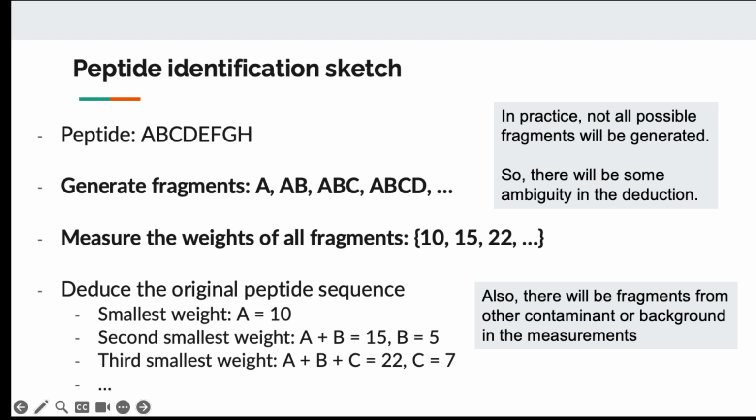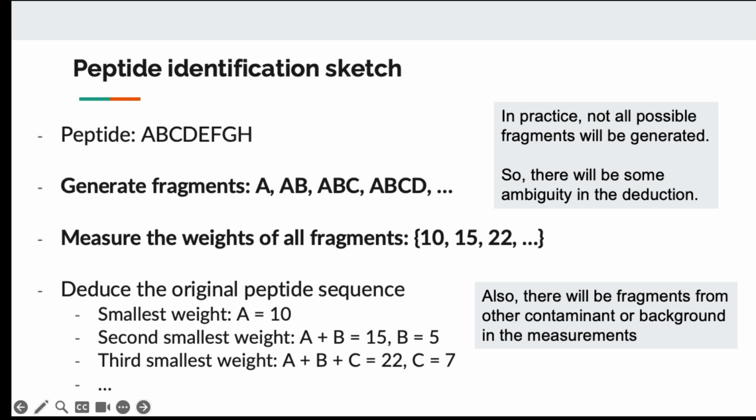So we assume that if this 22 corresponds to the weight of the third smallest fragment, which is ABC, then amino acid C has to have a weight of 7, the difference between 15 and 22. So we're going to perform this kind of logical inference from mass spectrometry data to tell what's the first amino acid, what's the second, what's the third, by looking at these weights, these masses.